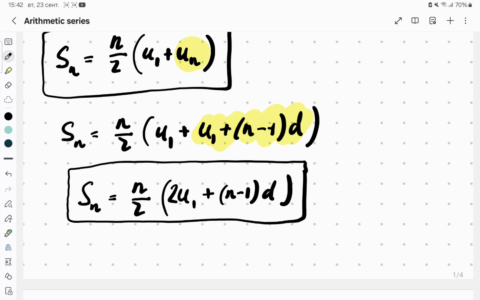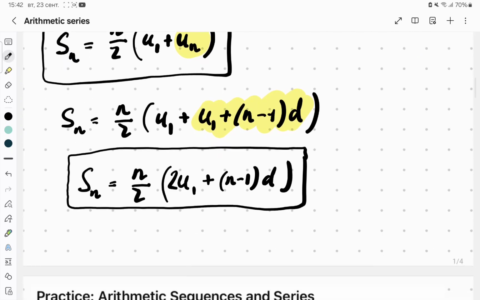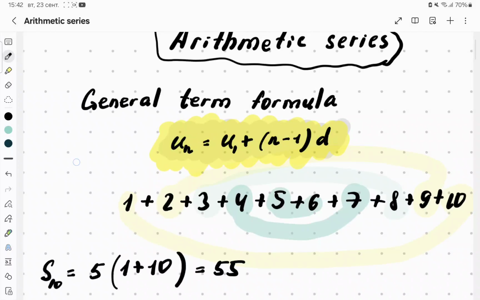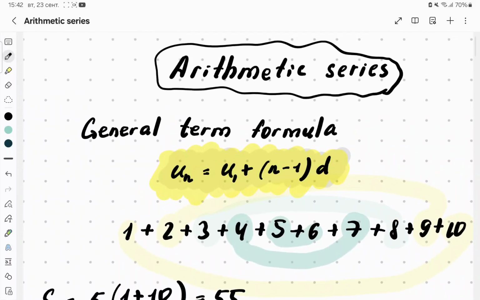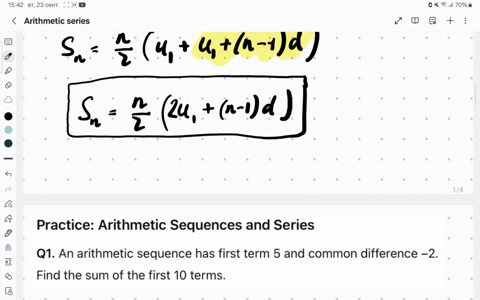It's not all the time we can find Un straightforwardly. Sometimes it is quite challenging and unnecessary. That is why this last formula is most appropriate most of the time. I would say like 90% of the questions are about the last formula of arithmetic series.